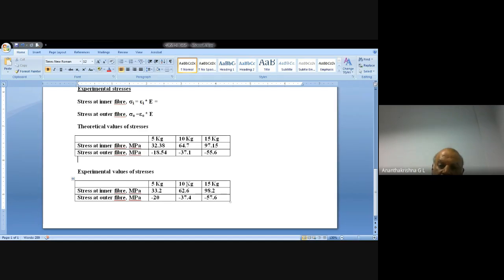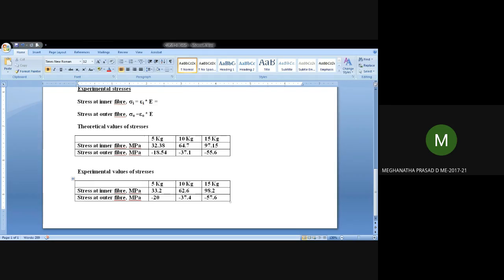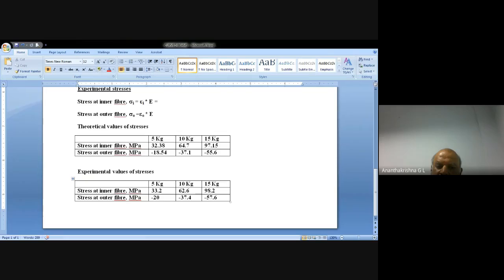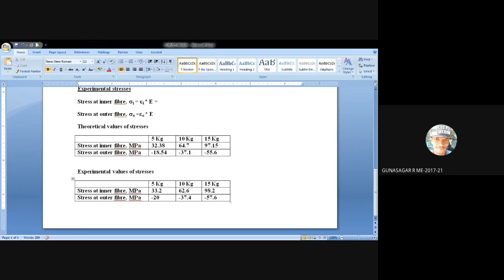Okay, done? Meghnath, Prasad, Gunasagar, are you doing it? Yes, sir. What are the values, Gunasagar? For 10 kg, 62.61, sir.